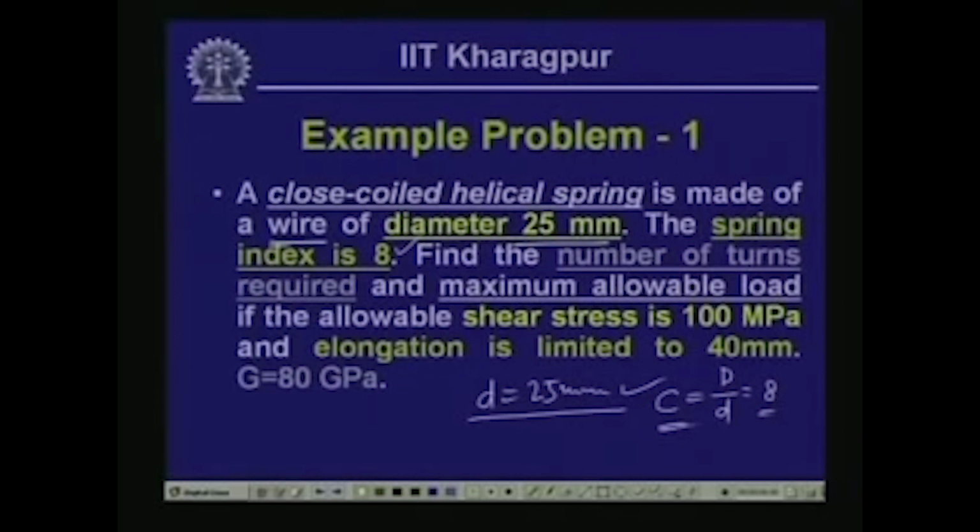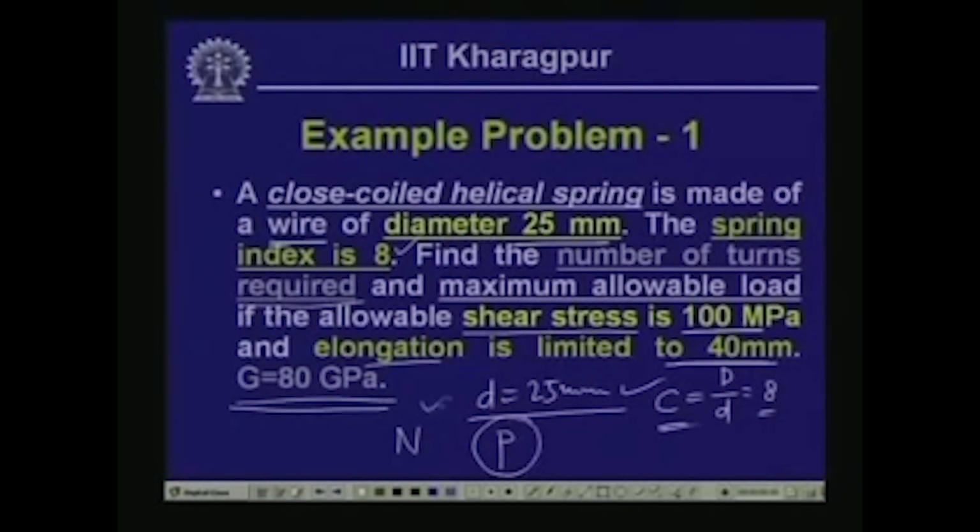You will have to find out the number of turns required and the maximum allowable load, if the allowable shear stress is 100 megapascal and the elongation of the spring is limited to 40 millimeter. The value of the shear modulus G is given as 80 gigapascal. So, what you need to do is find the number of turns, that means the value of N, and the maximum allowable load P that can be allowed on this particular spring.